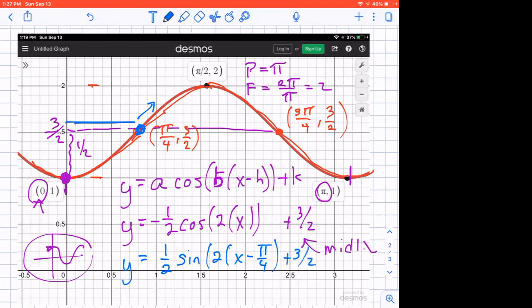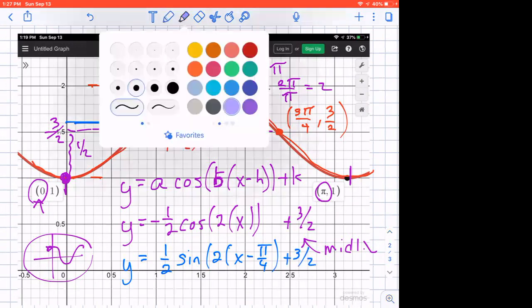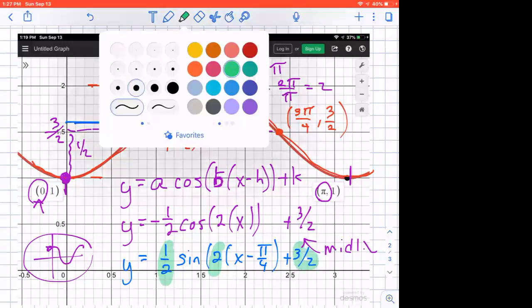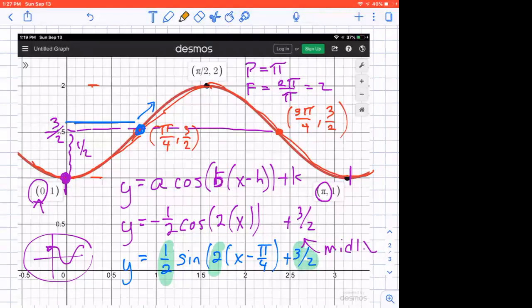All right. So in order to write more and more equations, you're going to leave the amplitude, you're going to leave the frequency, and you're going to leave the vertical shift, but you're going to change the potential flip.